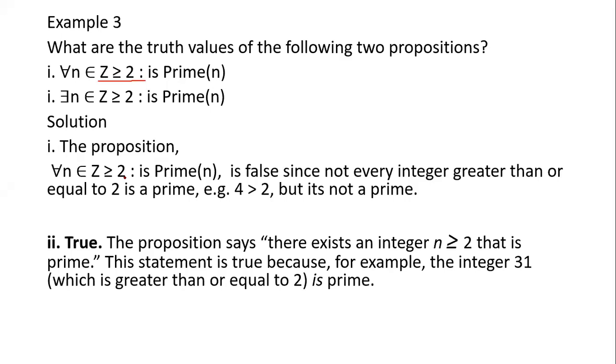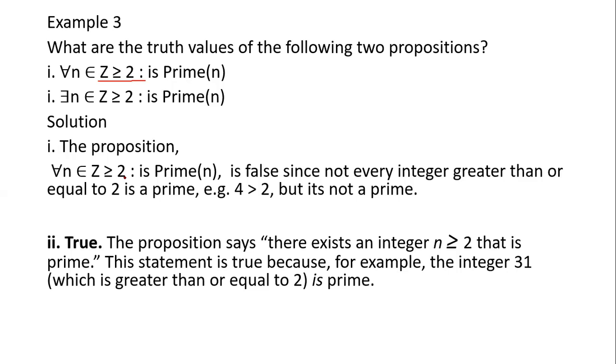So we are not considering all the elements in the set of integers which are greater than or equal to 2. But if we can get even just 1, it makes it valid. So it is true. The proposition says there exists an integer n greater than or equal to 2 that is prime. This statement is true because, for example, the integer 31, which is greater than or equal to 2, is a prime number.